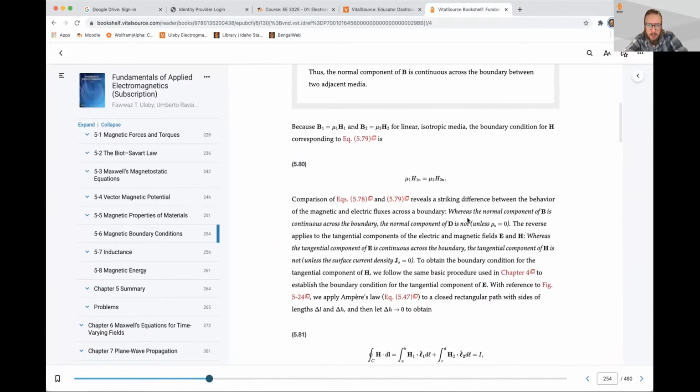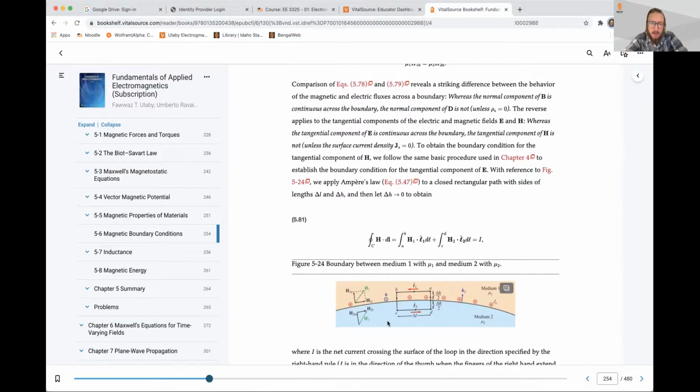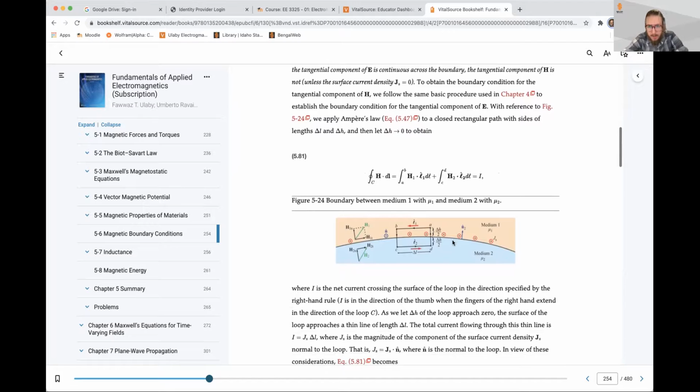And in this section, it describes how they get to the boundary conditions. Remember, we've just used Ampere's law, where we were taking a closed contour integral of H, and if we took that closed contour integral of H, we would get a current.